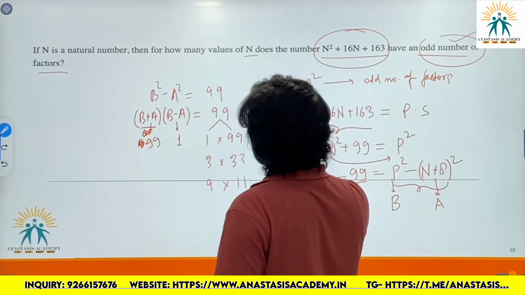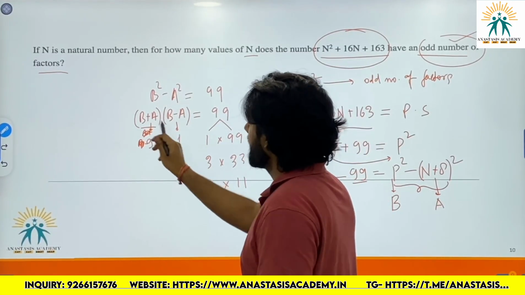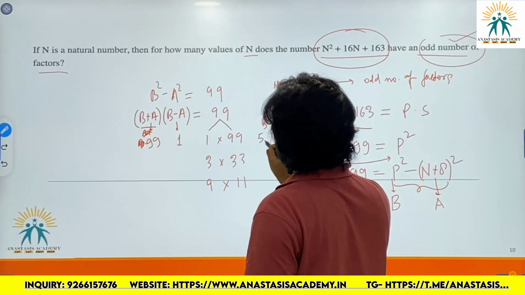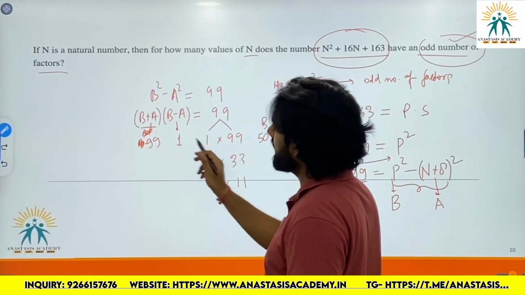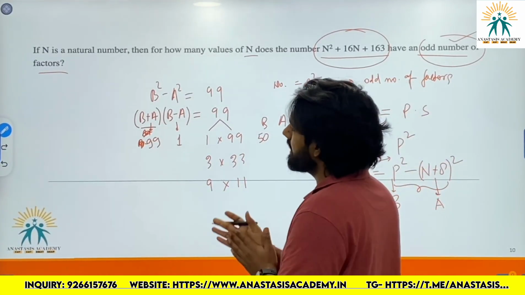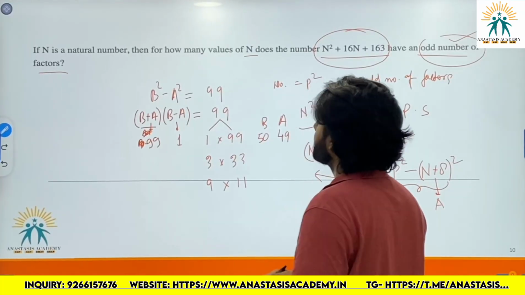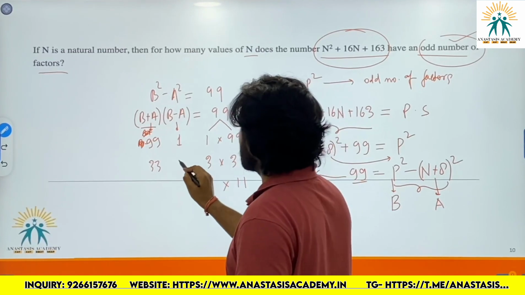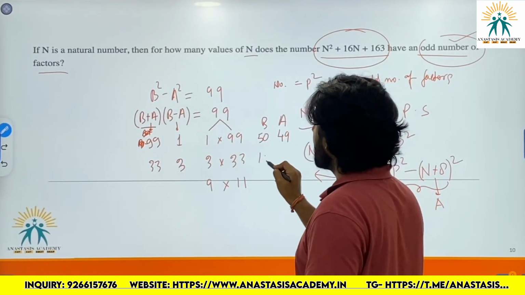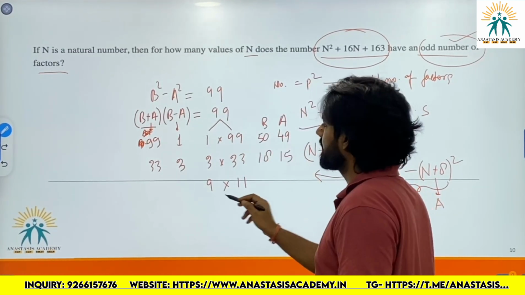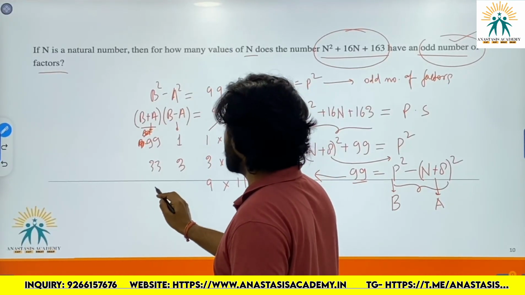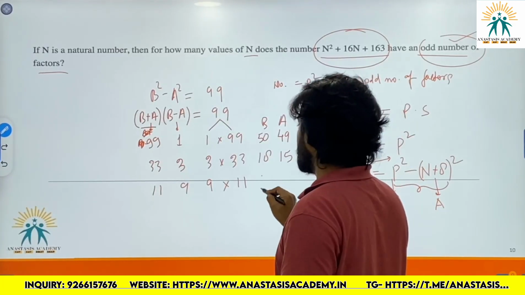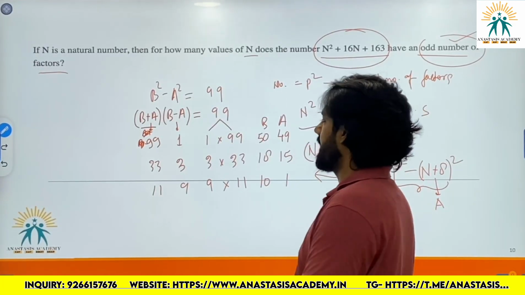In this case, if I add these two equations, b becomes 50, and if I subtract, 98 divided by 2, a becomes 49. If b plus a is 33 and b minus a is 3, I get b as 18 and a as 15. And in the last case, b plus a is 11 and b minus a is 9, so b is 10 and a is 1.